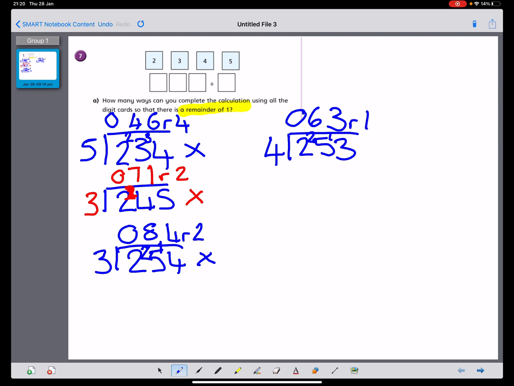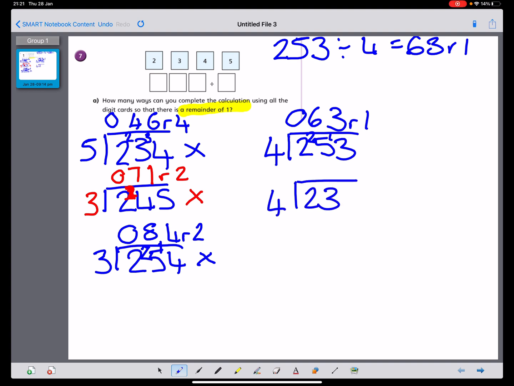So I could have 253 divided by 4, because that left me with 63, remainder 1. Which way round have I not done it?